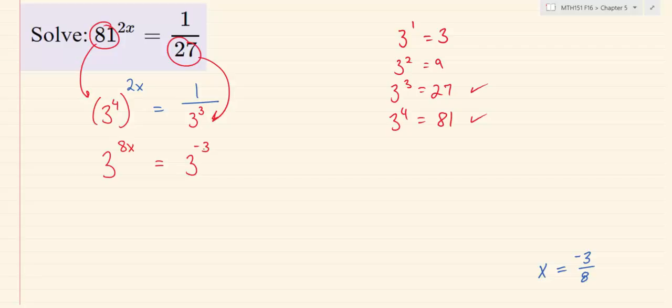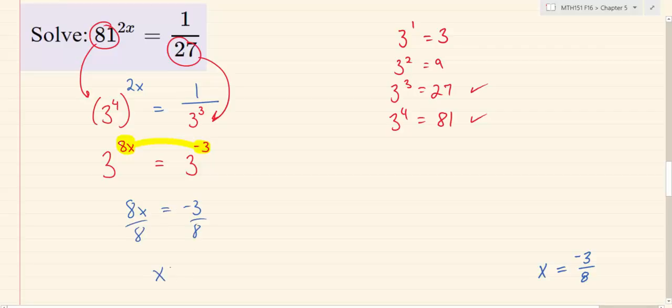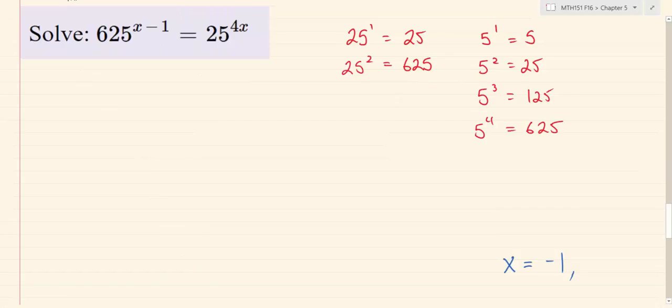So 3 to the third downstairs becomes 3 to the negative third when you move it upstairs. And now check this out. We have like bases. So that means we could write 8x equals negative 3. Divide both sides by 8. X equals negative 3/8.